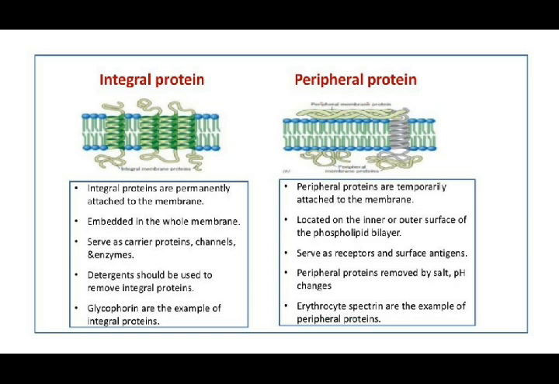Peripheral protein. Peripheral proteins are temporarily attached to the cell membrane, located on the inner or outer surface of the phospholipid bilayer, and serve as receptors and surface antigens. Peripheral proteins are removed by salt or pH change. Erythrocyte spectrin is an example of a peripheral protein.